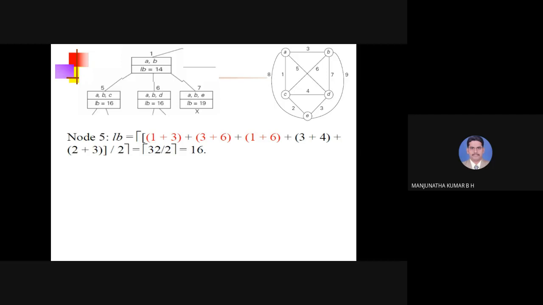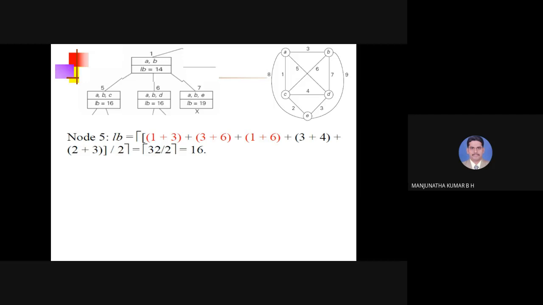Let me repeat again. While you are writing the sum distance for the city C, I have to write 2 values. One value is the nearest vertex, that is A, cost is 1 plus, and another value is the edge which is connecting B and C, that cost you have to write 6. 1 plus 6.